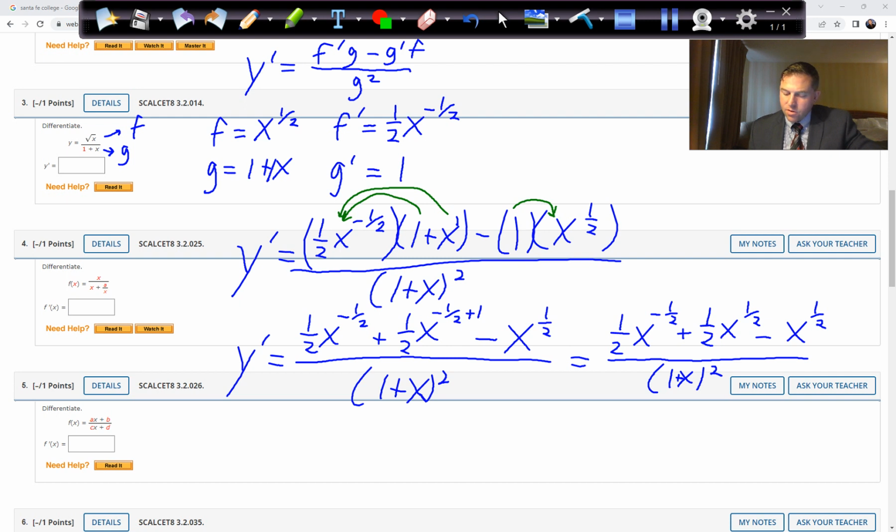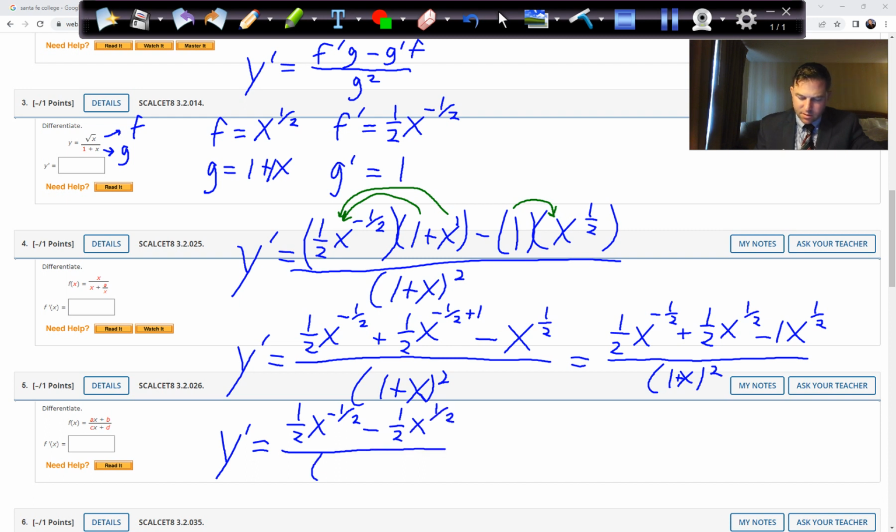This 1/2 x to the 1/2 minus this 1 x to the 1/2 is going to leave us with 1/2 x to the minus 1/2, and it's going to be minus 1/2 x to the positive 1/2 all over 1 plus x squared.